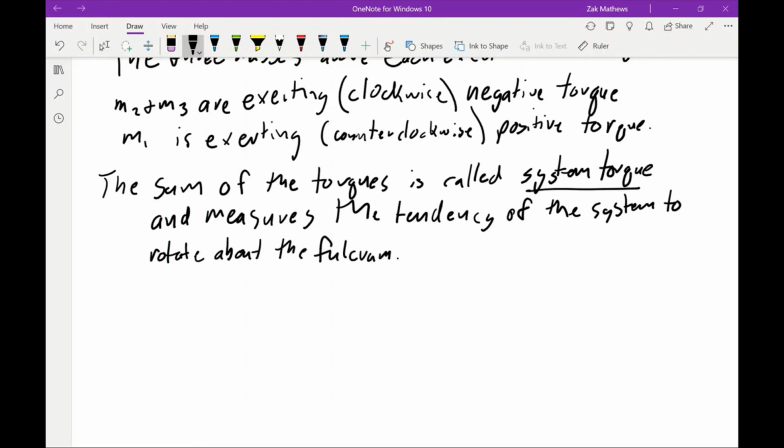All right, so we've defined torque, we've seen system torque, we understand how things move in a positive, negative direction. Let's just write down the equation for this system torque then.